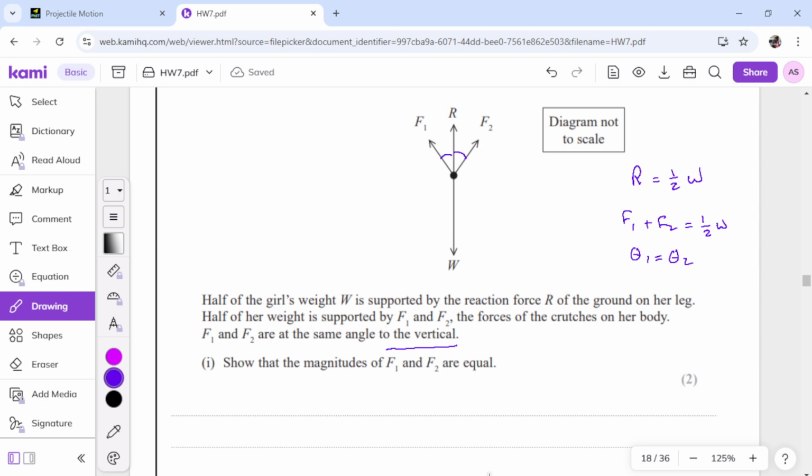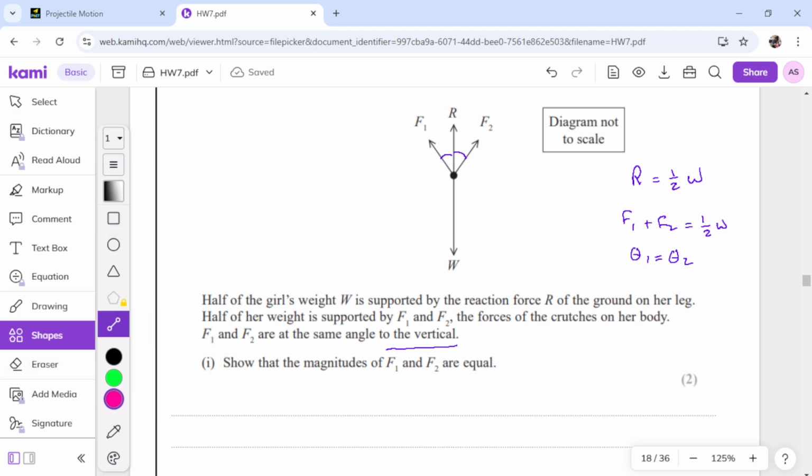Show that the magnitudes of F1 and F2 are equal. So we have to show that F1 equals F2. So what should we do now? First, you have to put the horizontal and the vertical.